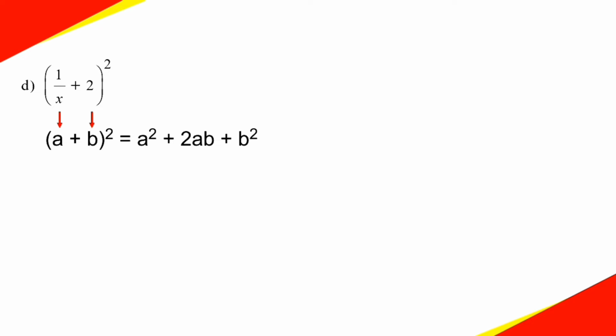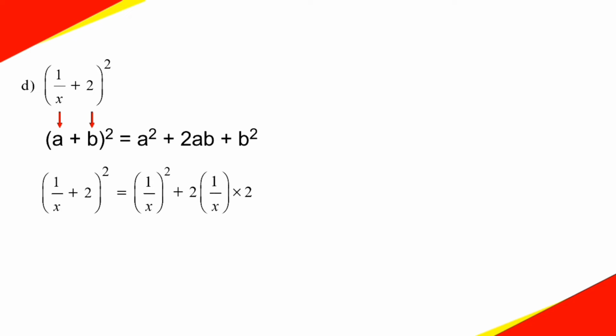Now a value and b value you can substitute in the formula. Right, what we can get? (1/x + 2)². So a value is (1/x)² plus, b value is 2, 2 into 1/x into 2, because b value is 2, still plus b value is 2.